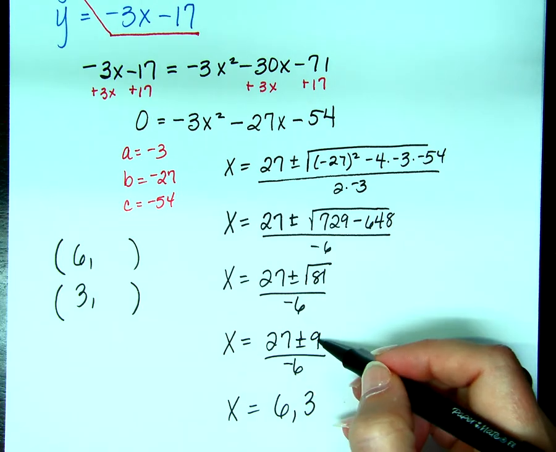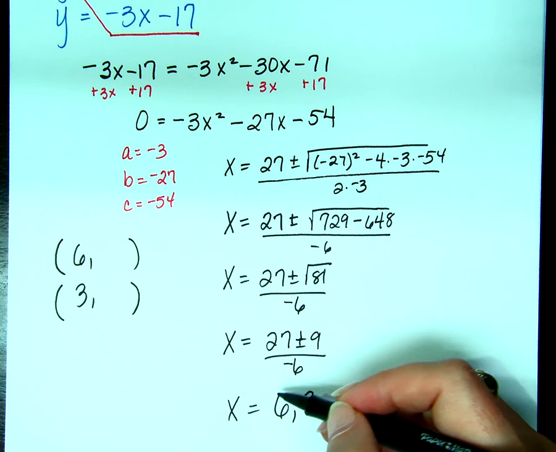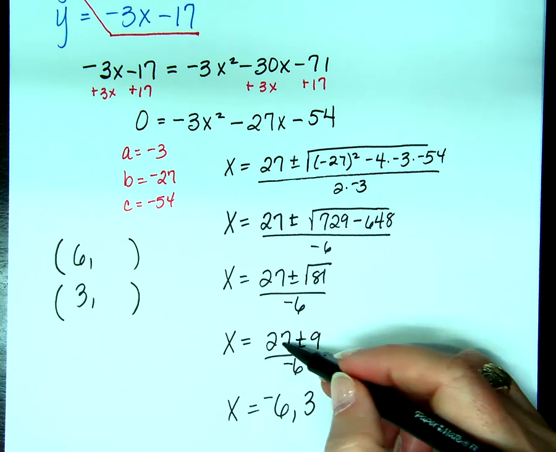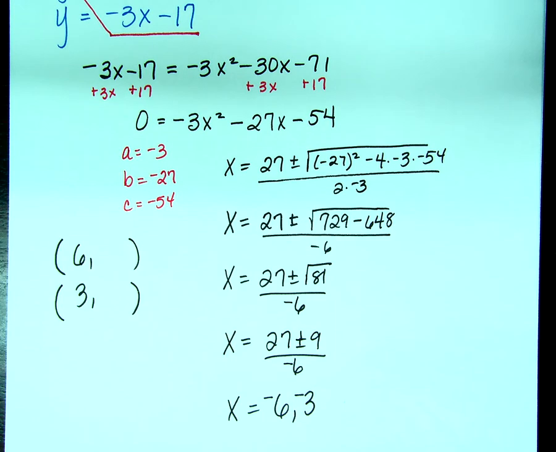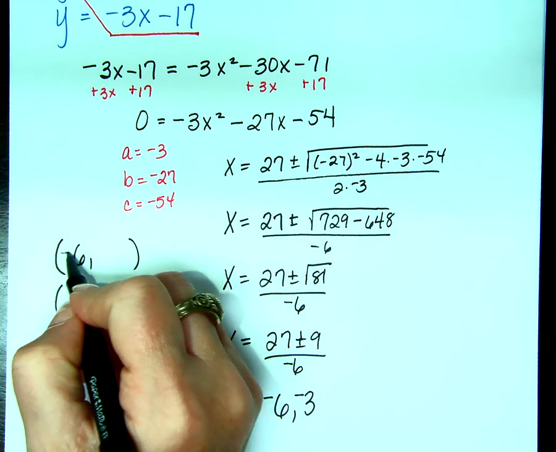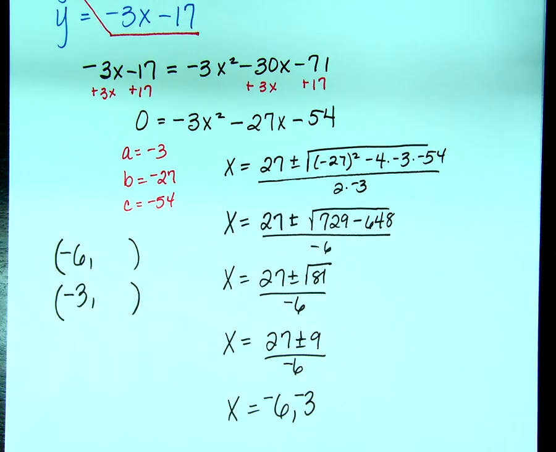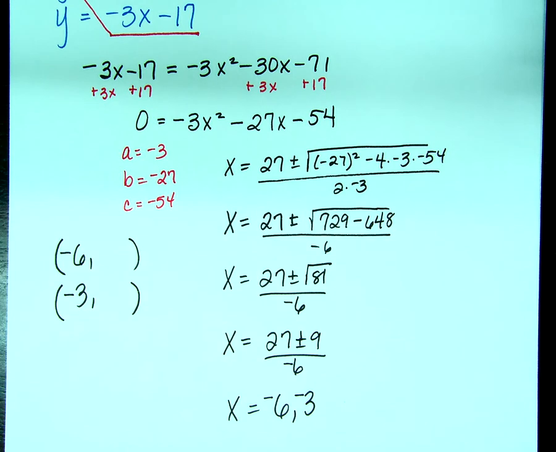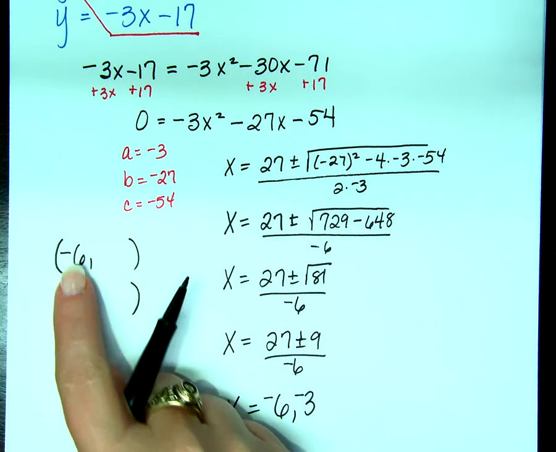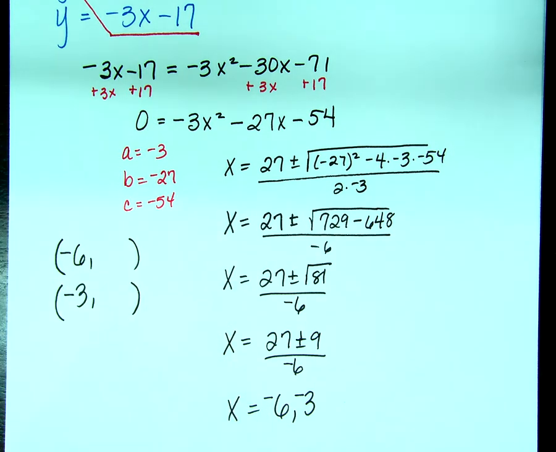So this is 36 divided by -6, which should be, and then 18 divided by -6, which should be, please forgive me. Okay, I'll keep that in mind. I'm just teasing. -6 and -3.